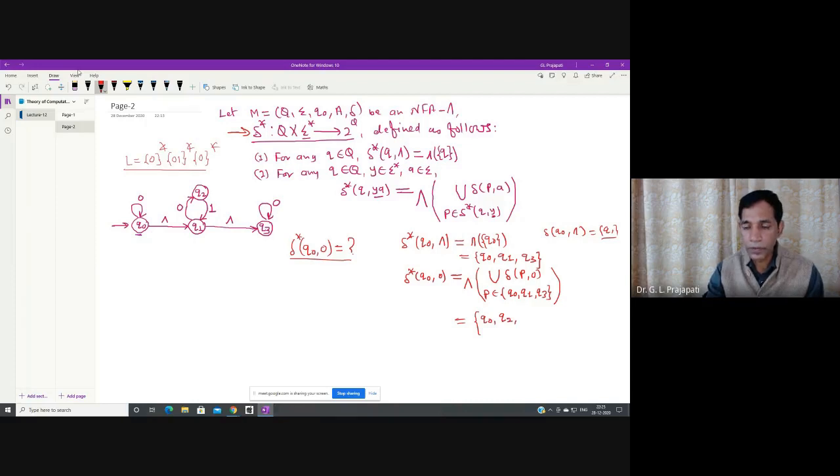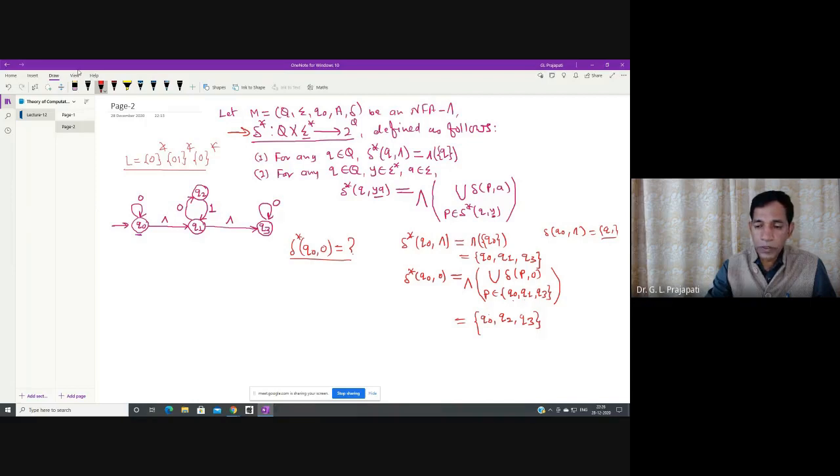Whenever you are at the state q3 and the input is 0, you stay at the state q3. So you have to consider this for every p. If p is q0 and the input is 0, you are in q0.